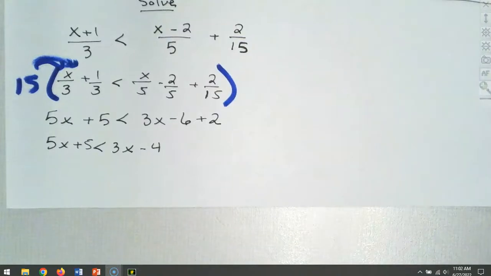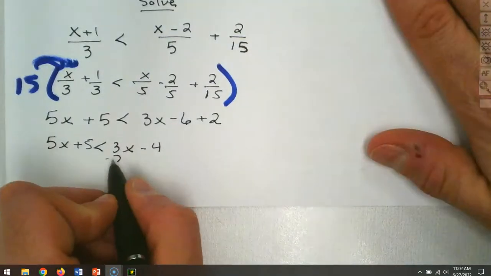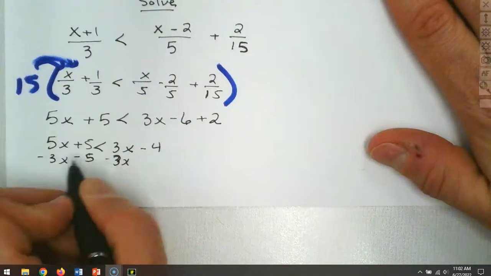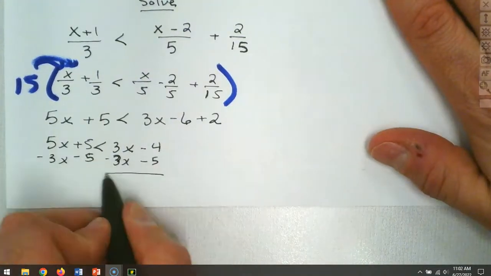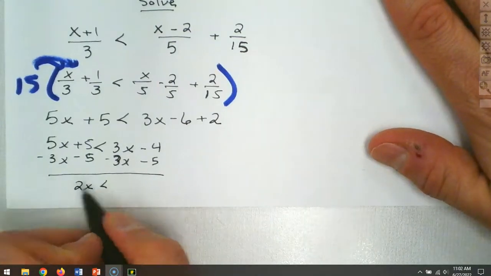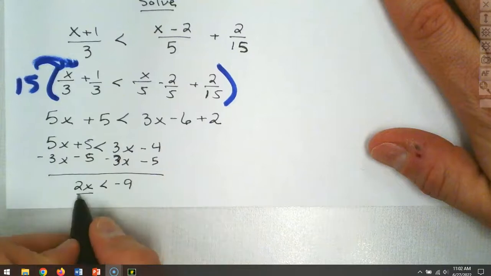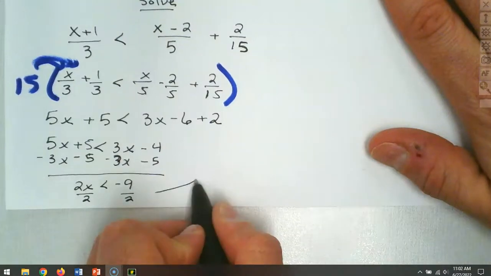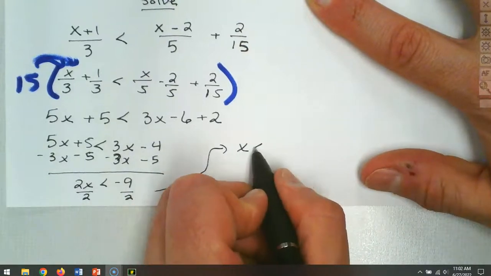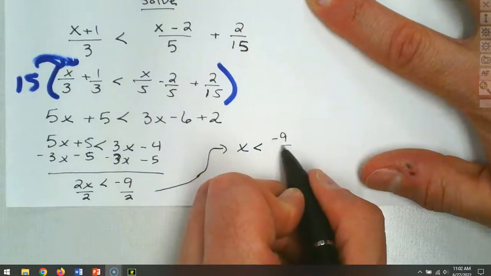Move it over, and we're finished. Move that 3x over, and move that 5 over. Now we've got 2x is less than negative 9. We divide by our 2, and that leaves us with x less than negative 9/2.